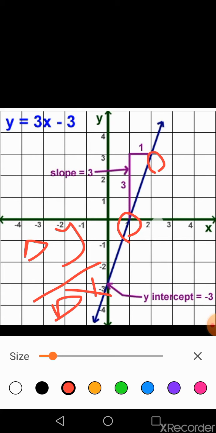Then count how many units in the y. 1, 2, 3. It's 3. And how many in the x? It's only 1 unit. So the slope equals the change in y, 3 units, over the change in x, 1. And that's all. Is that hard?